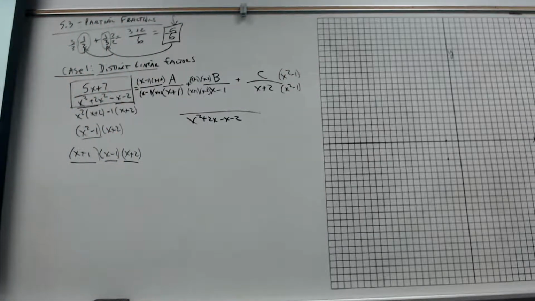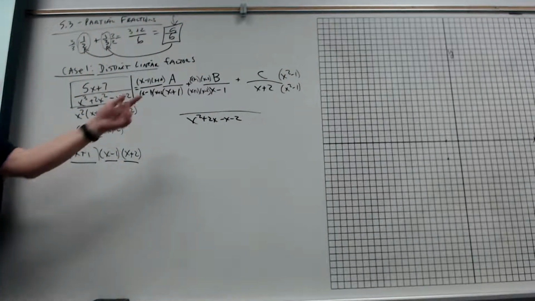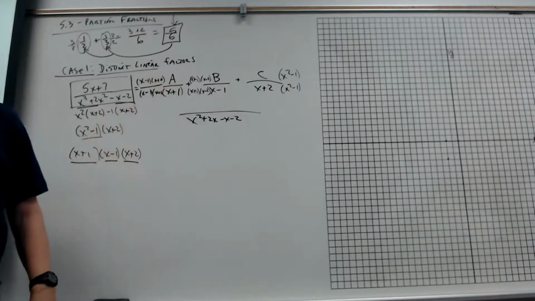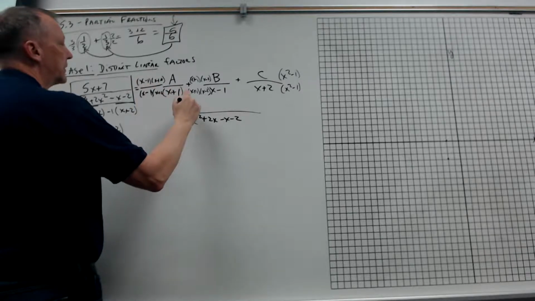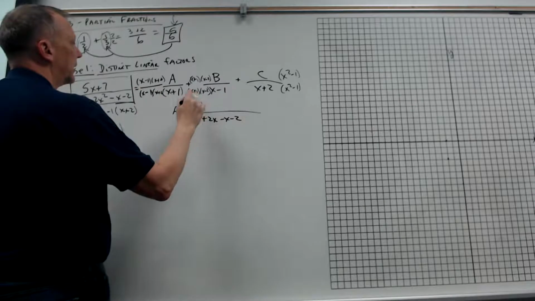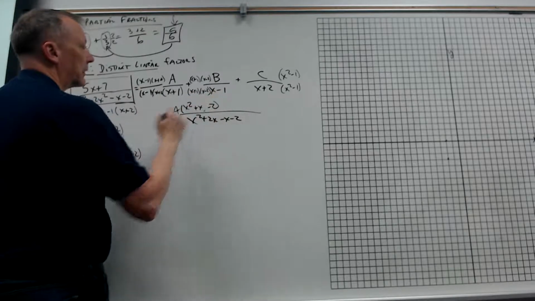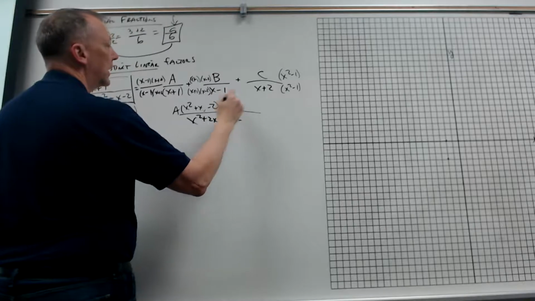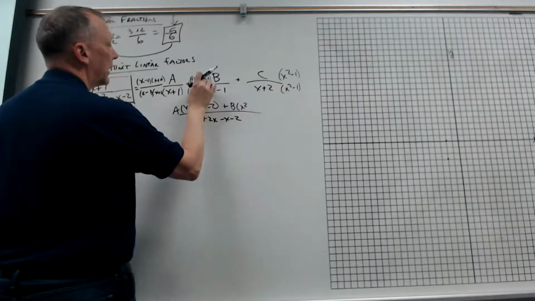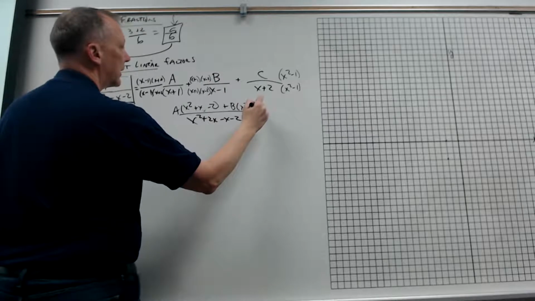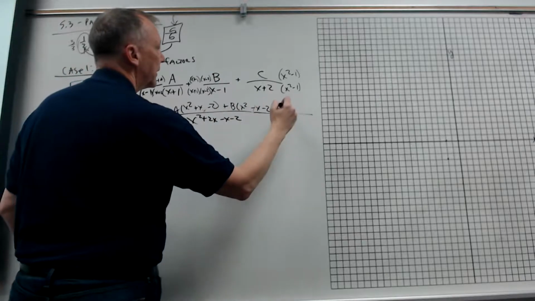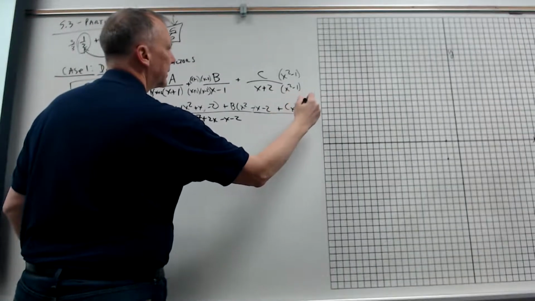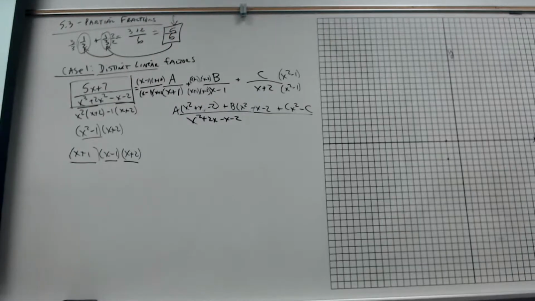Correct? Okay? Now, what we're going to do is just FOIL all this out. I'm in a hurry because I know we're out of time. This becomes A times x squared plus x minus 2, plus B times x squared minus x minus 2, and plus Cx squared minus C. Now, I'm going to ignore the denominator because I don't need it anymore.